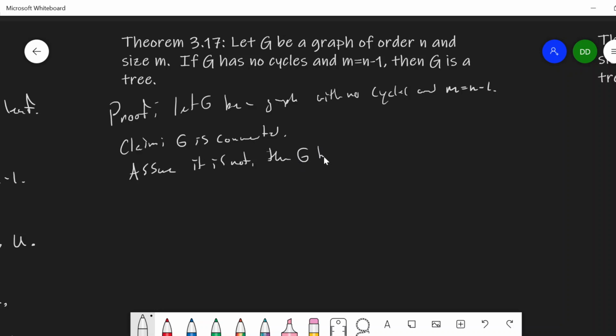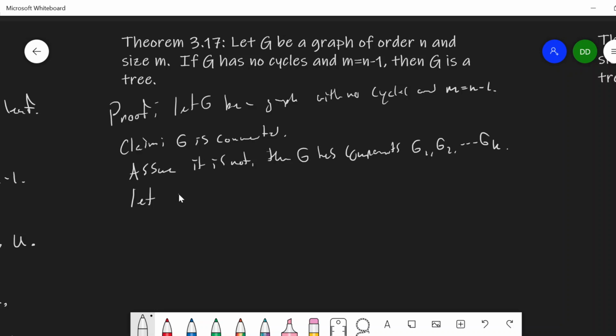Then G has components G1, G2, up through Gk. Necessarily, since G has no cycles, G is a forest, and each of the components are trees. This is going to be similar to the proof of the corollary I did in the last video.